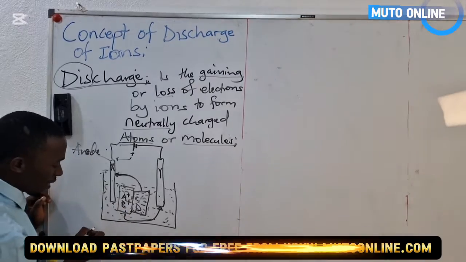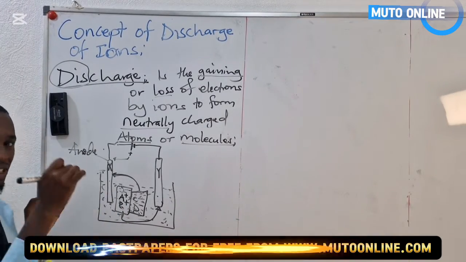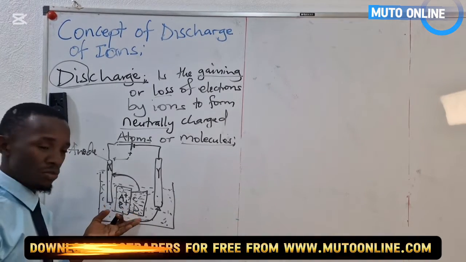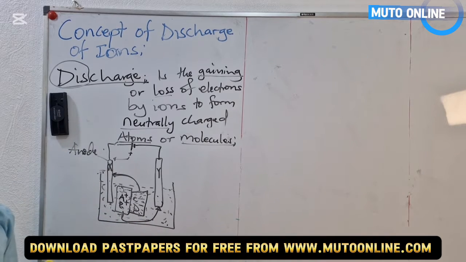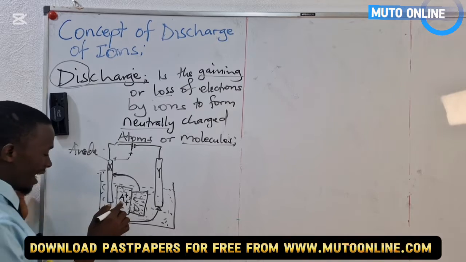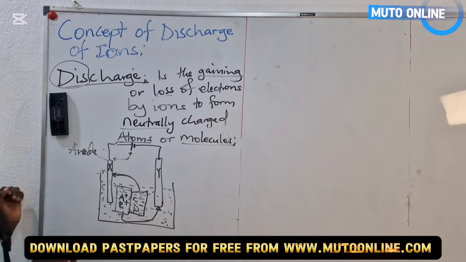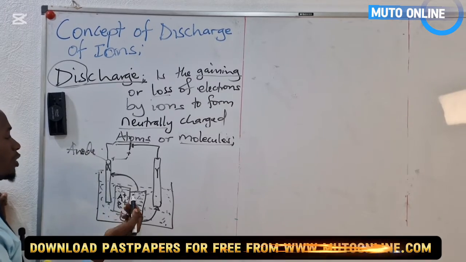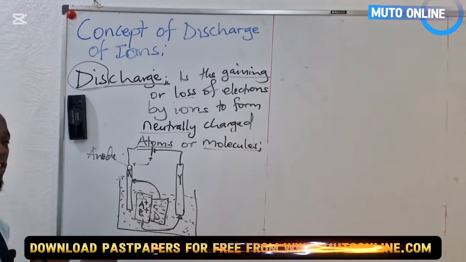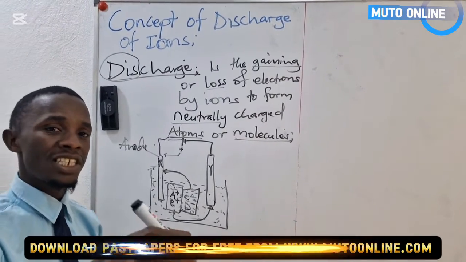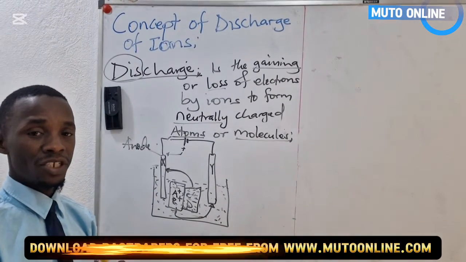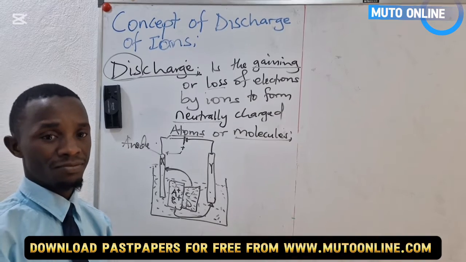So the ions will only be formed after an electric current passes through the molten or aqueous form of an electrolyte. And once the ions are formed in the decomposition process, the ions migrate to oppositely charged electrodes, where one of them is discharged in preference of the other.